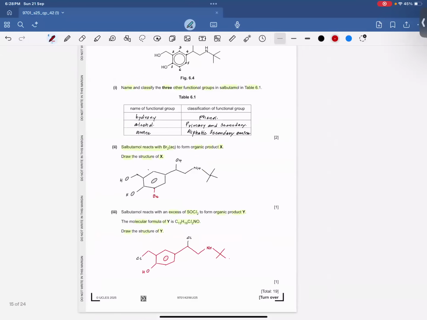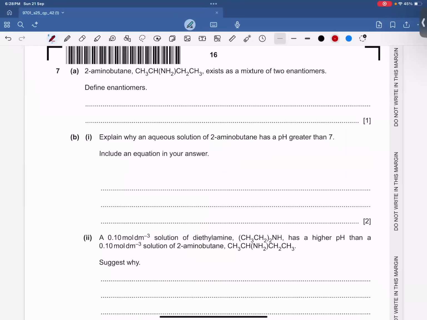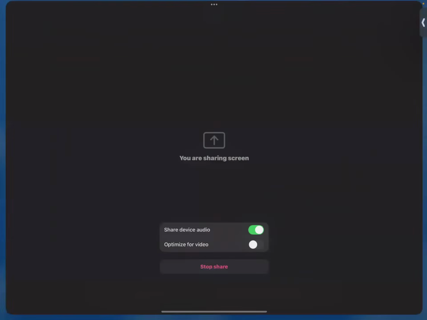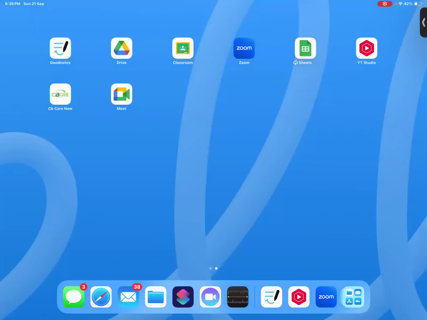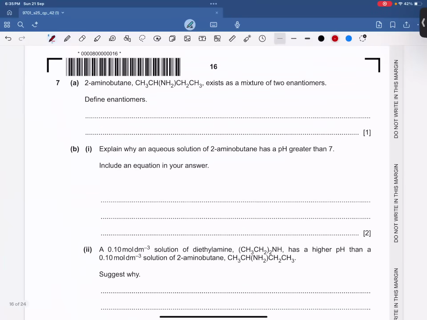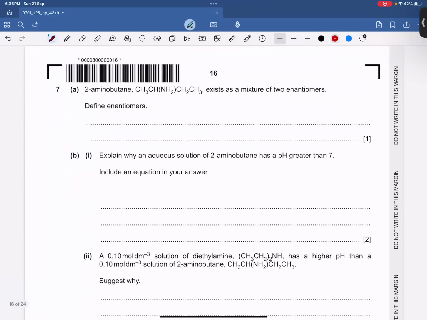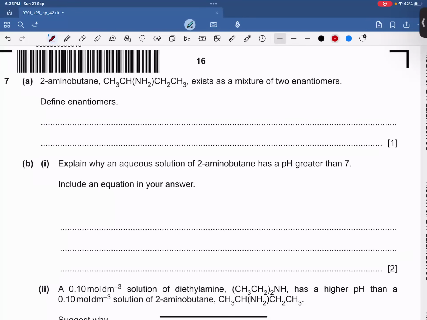Let's move on to the next one. Question number 7. All right. Now the next question, number 7, is: 2-aminobutane exists as a mixture of two enantiomers. Enantiomers are basically mirror images of each other. Define enantiomers.